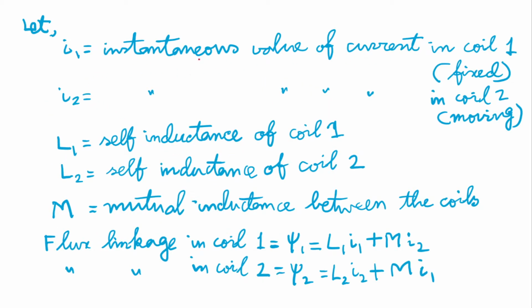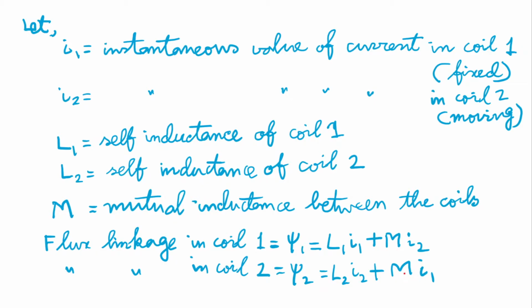Then the flux linkage in coil number 1 will be psi 1, which is due to the self inductance of the coil and the mutual inductance with the second coil. So it is L1 I1 plus M into I2. And similarly psi 2, the flux linkage in the second coil, will be L2 I2 plus M I1.